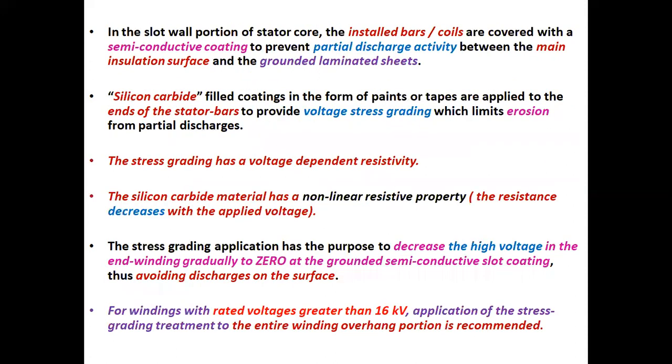In the slot wall portion of the stator core, the installed bars or coils are covered with a semiconductive coating to prevent partial discharge activity between the main insulation surface and the grounded laminated sheets.